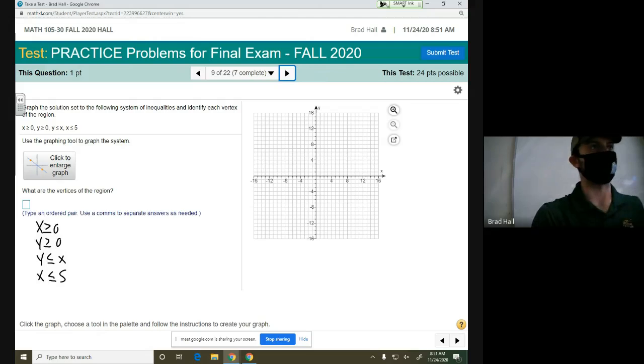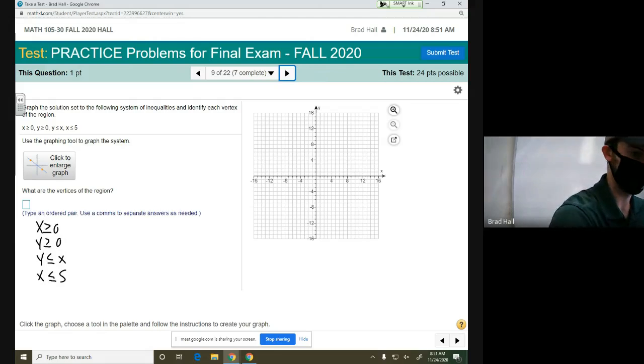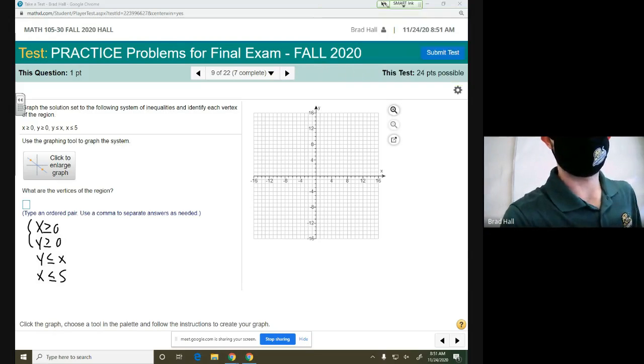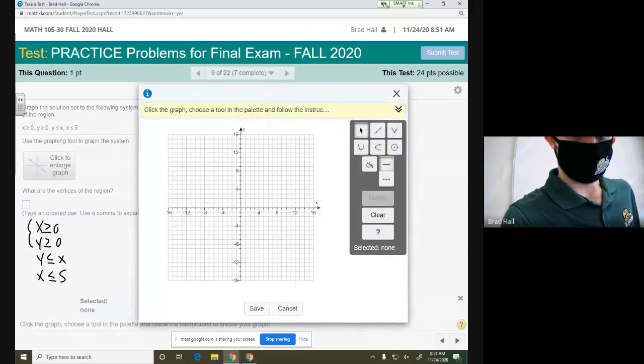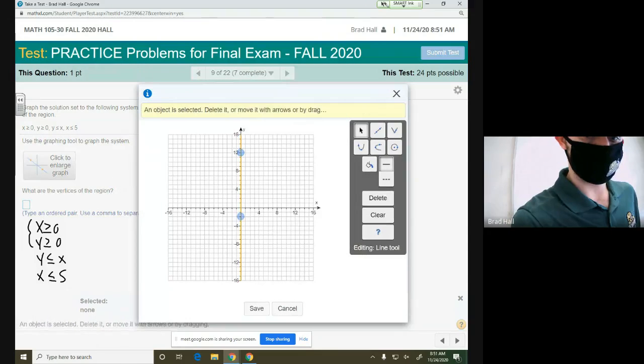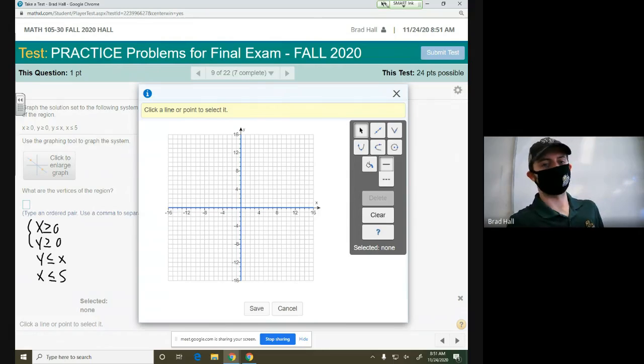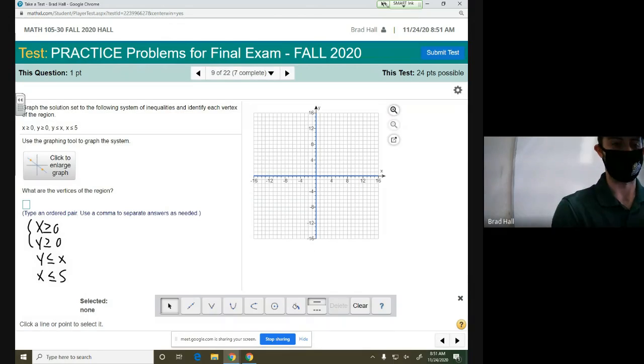Two of these are non-negative restrictions. It's the first two. And if you can make that identification, that means you can go ahead and knock those two out really quickly with lines on the X and Y axes, as we did a lot in the programming section. So there's two of them right there.